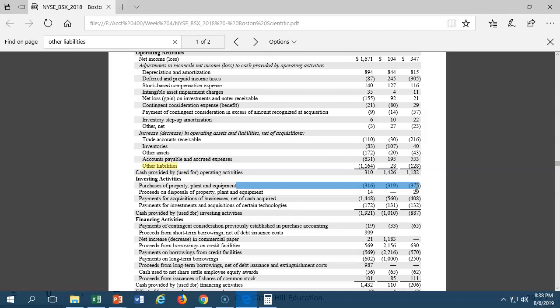Keep that in mind: this is just one line item, where historically they need that much new property, plant, and equipment to at least maintain their current levels of sales. They're always having to purchase these assets to continue to generate revenue.